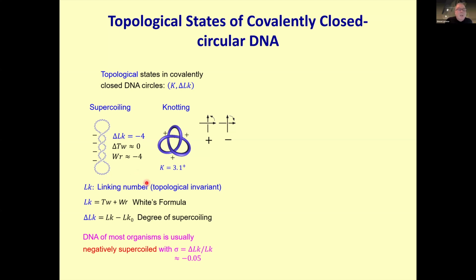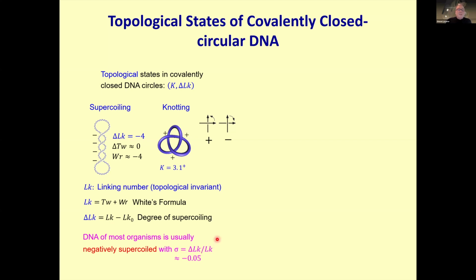And in the case of bacteria, DNA is negatively supercoiled to the extent of about one turn where the DNA is underwound with respect to its relaxed state per 200 base pairs.